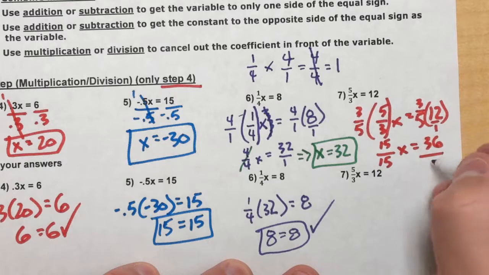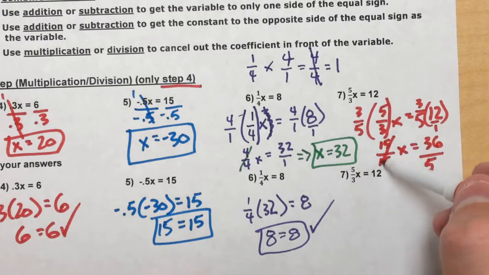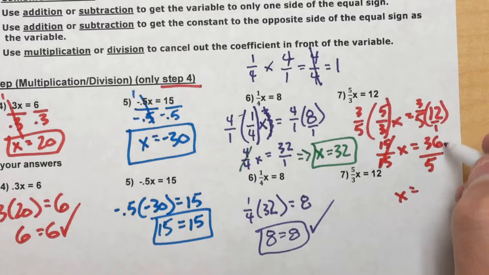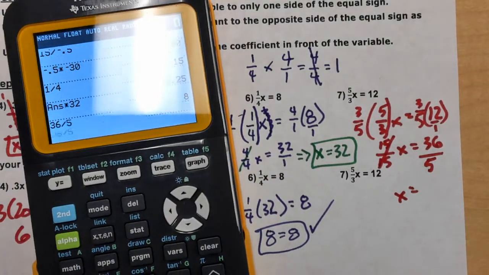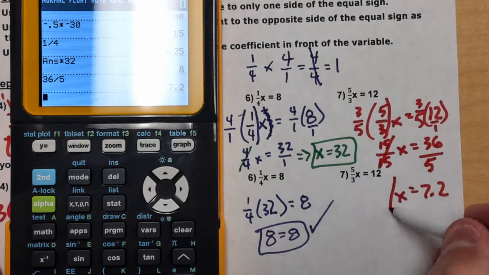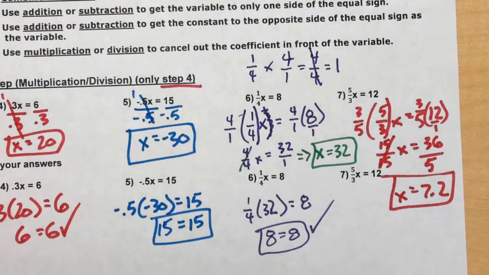And 5 times 1 is 5. And this simplifies down because the 15 over 15 just becomes 1, which is just 1 times x, which is x. And then 36 over 5, let's see what that becomes. That gives me a decimal, which is fine. Decimals just mean it's a number, right? So that can happen. And so that is the answer to this particular problem.